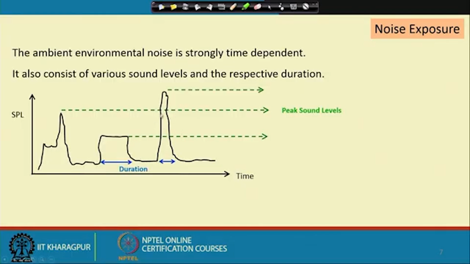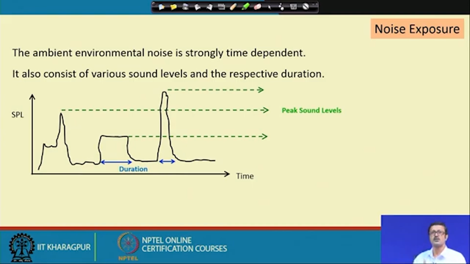So, if these are the characteristics of SPL and noise, some stays for a longer duration, some does not stay for a longer duration but the SPL level is very high, so maybe this is problematic. So, how can I club the SPL and the time?